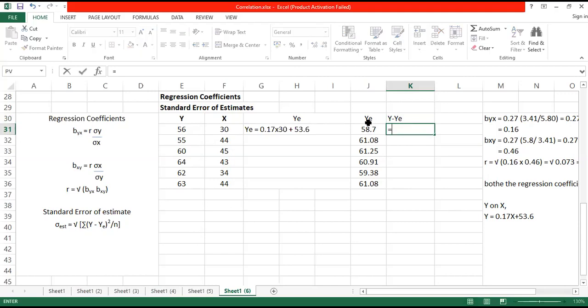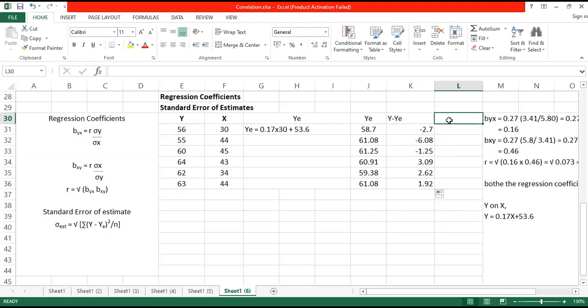So it's y minus ye, and this is for all the values, right? Finally, we'll calculate y minus ye whole square.